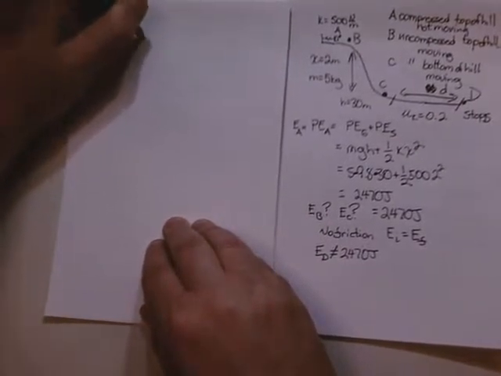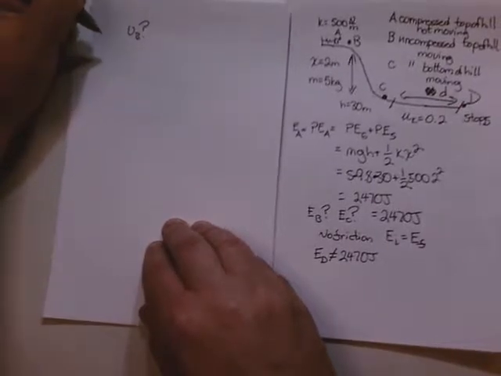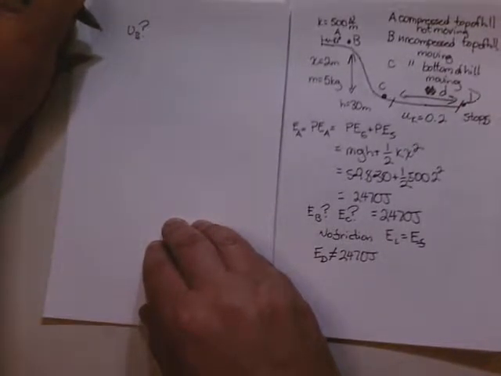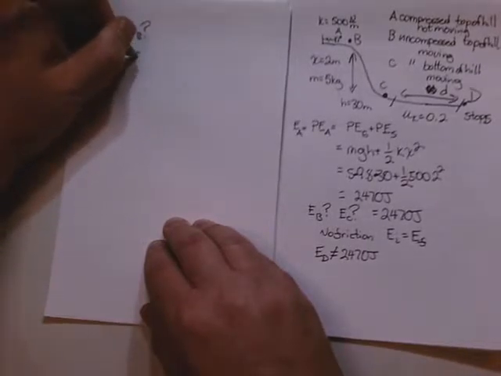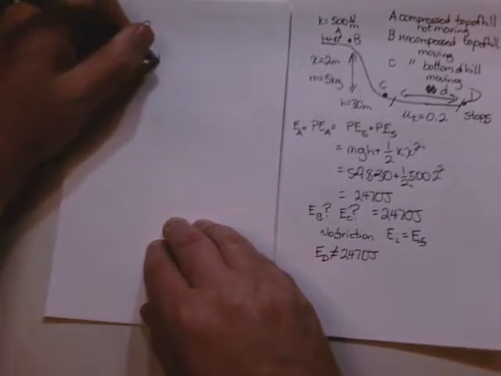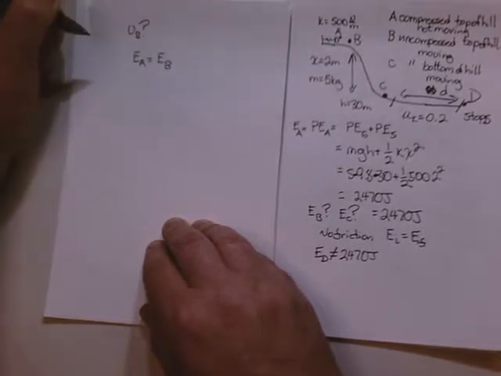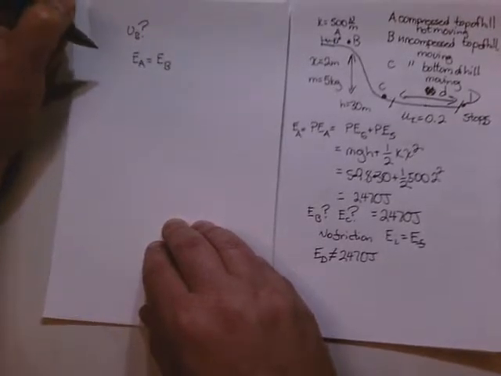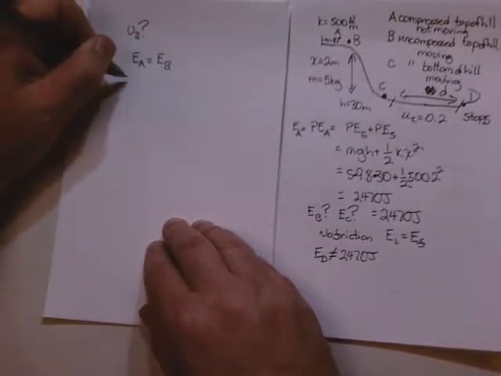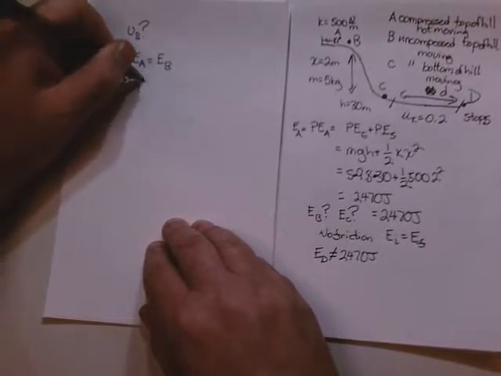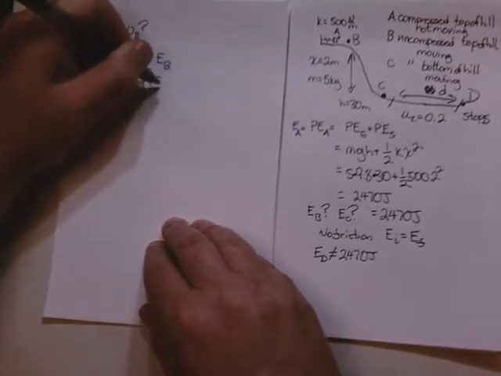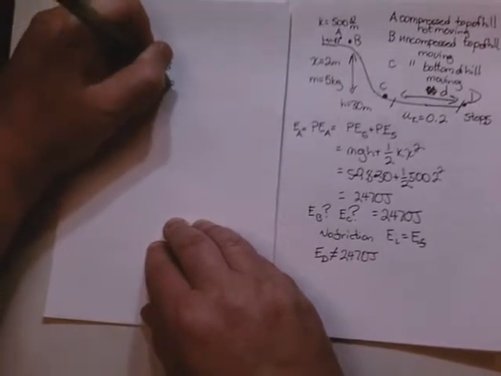So what we can do is, what's the velocity at B, the uncompressed situation? Well, for this, the energy at A is equal to the energy at B. There's no friction during the uncompressing of the spring. The energy at A is the gravitational potential energy plus the potential energy of the spring.